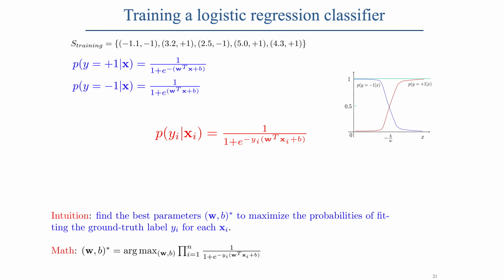So our job is to find w and b to maximize the probabilities of fitting the correct label for every data point. Okay, we're just going to assume that the probability of being right for data point 1 is statistically independent of the probability of being right for data point 2 or 3 or 4, right?